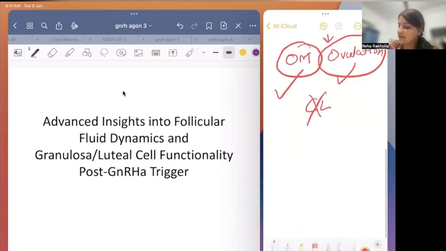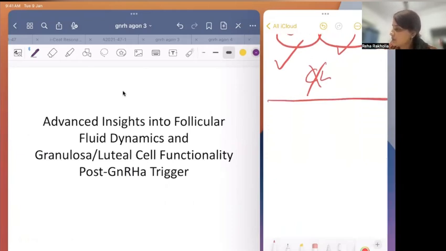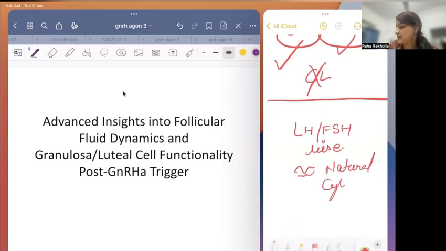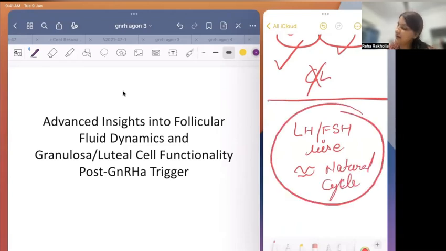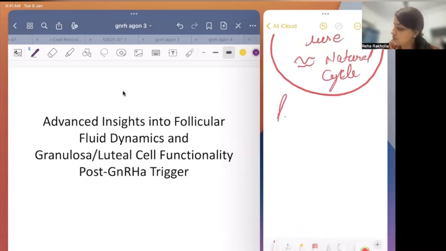Now we'll talk about advanced insights in follicular fluid dynamics and granulosa luteal cell functionality. In the GnRH agonist trigger, I have already told, the LH and FSH rise will be similar to the natural cycle, but the progesterone level will be decreased by 25%.